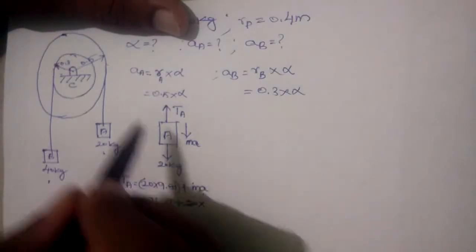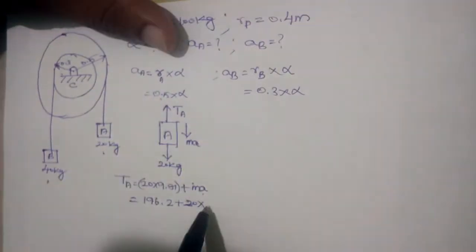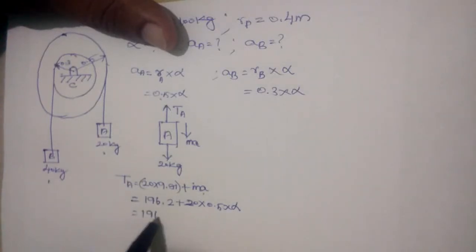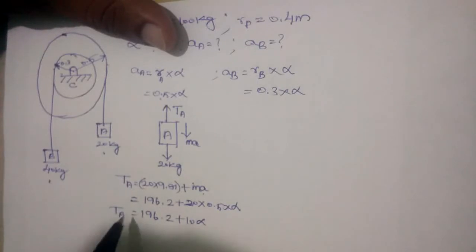Here linear acceleration is 0.5 into alpha, so TA is equal to 196.2 plus 10 into alpha.